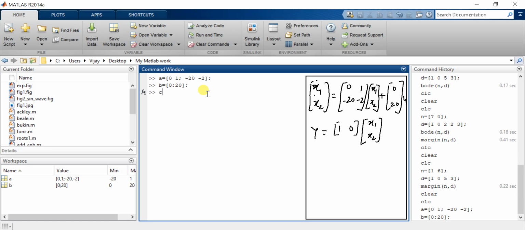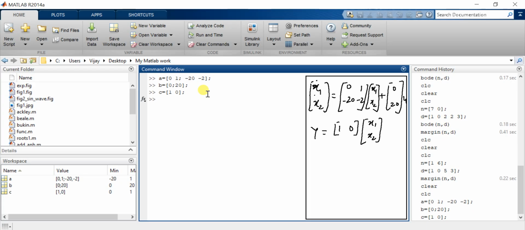Similarly, the C matrix is equal to 1 0, and the D matrix is equal to, as it is not given but you have to define the D matrix, 0.